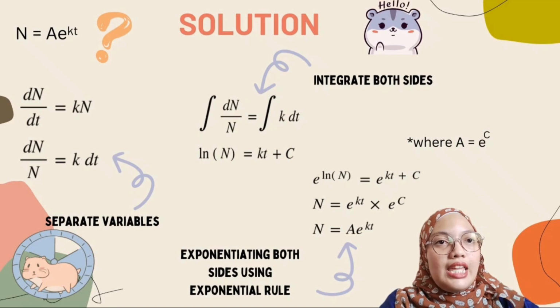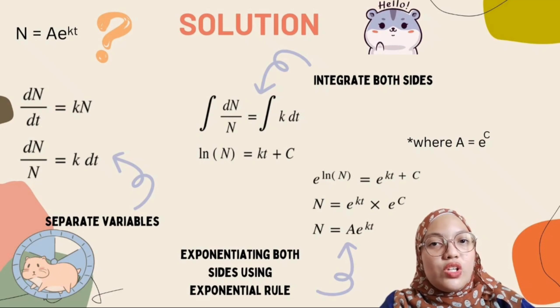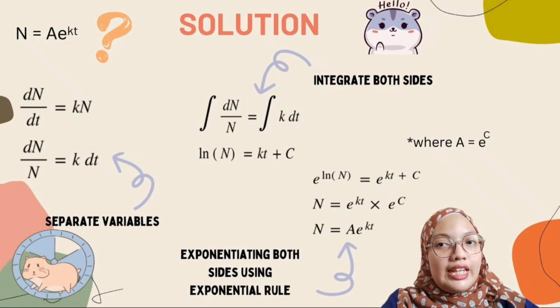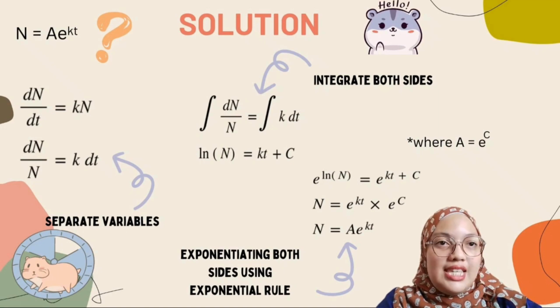So we get e to the power of ln N equals e to the power of kt plus C. The term e to the power of ln N equals N. So N equals e to the power of kt times e to the power of C. So the final equation, or the general solution of population growth, can be written as N equals A e to the power of kt, where A equals e to the power of C.